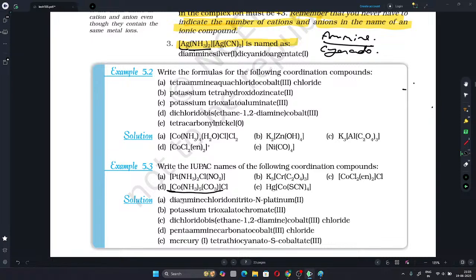And the E compound, the last compound, is an anionic complex with mercury. That is the thiocyanato group, tetrakis(thiocyanato) cobaltate(III), with mercury as the counter ion.